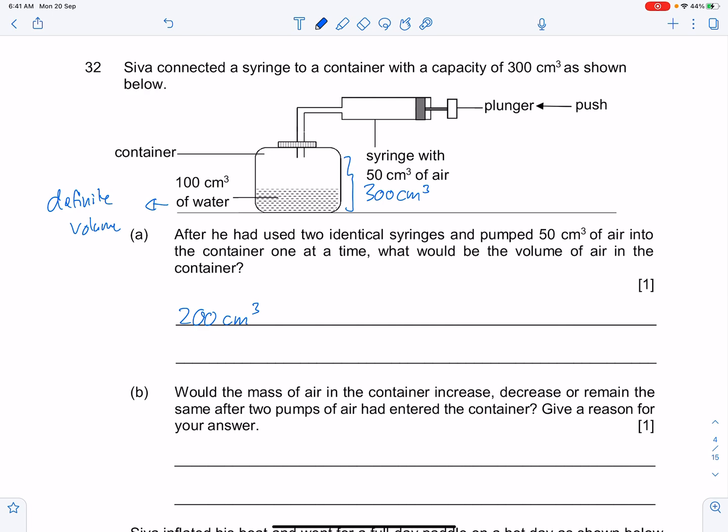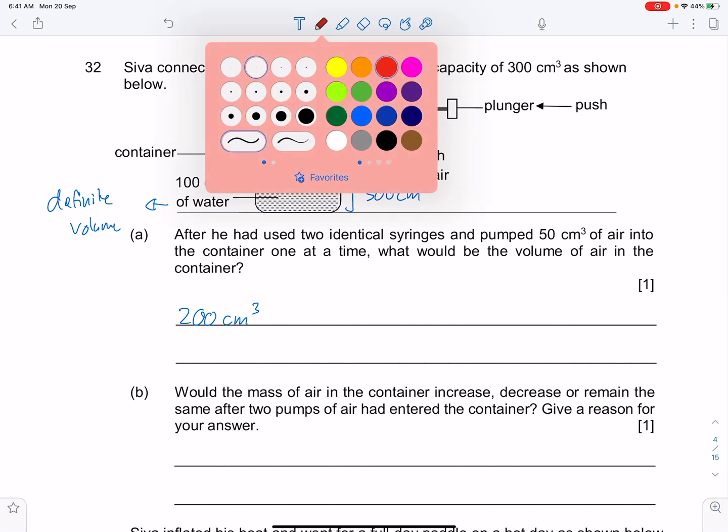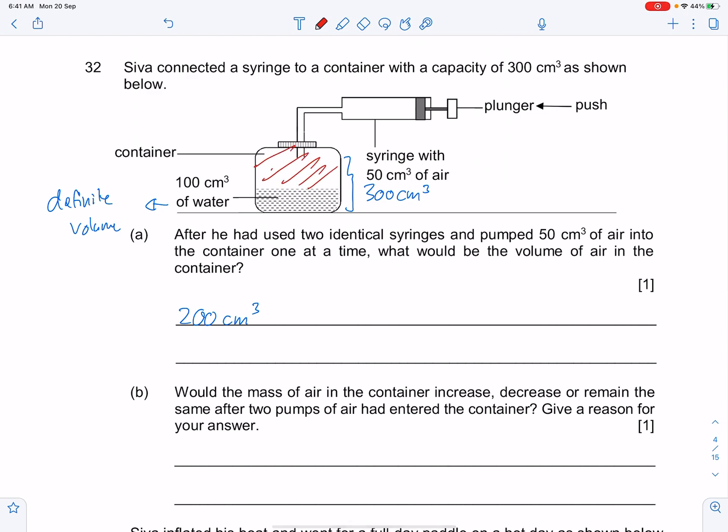So if you take 300 subtract away 100, you would know that the remaining 200 cm³ belongs to your gas or your air. Now we know that air does not have a definite volume, it can be compressed. So therefore, even though you've pumped in 50 cm³ of air 2 times, it will still be fixed at 200 cm³.